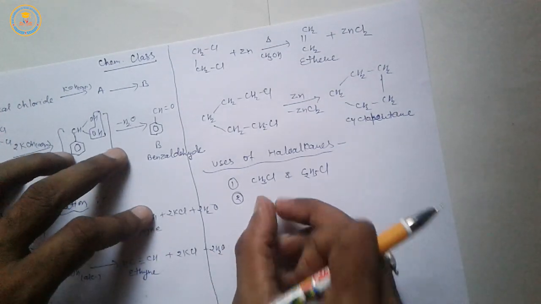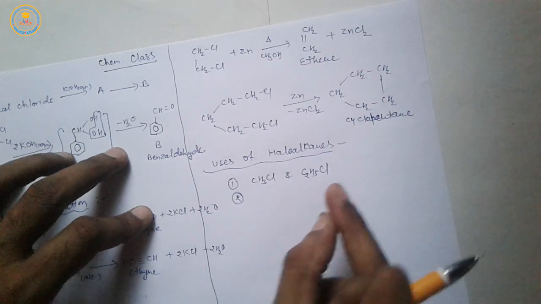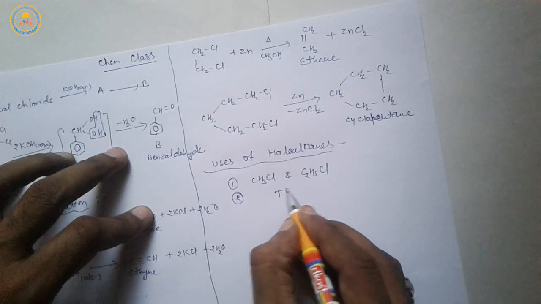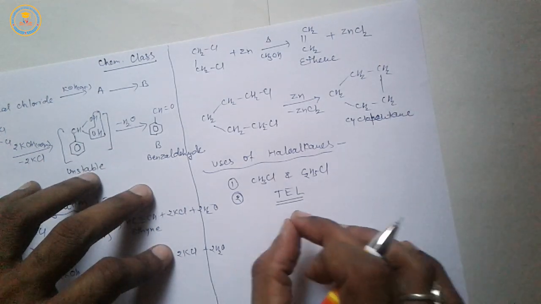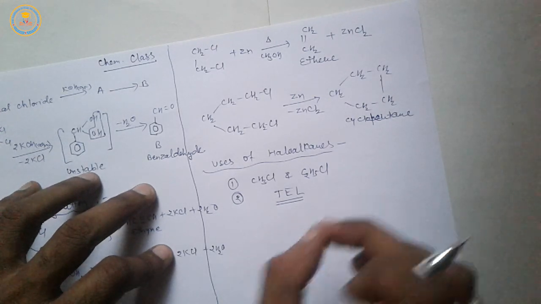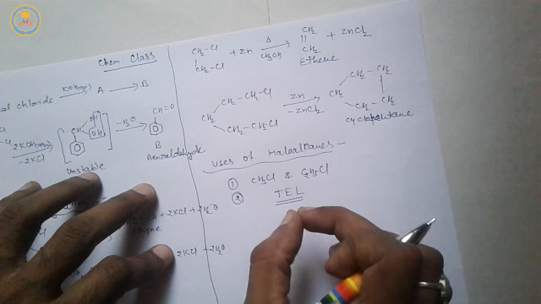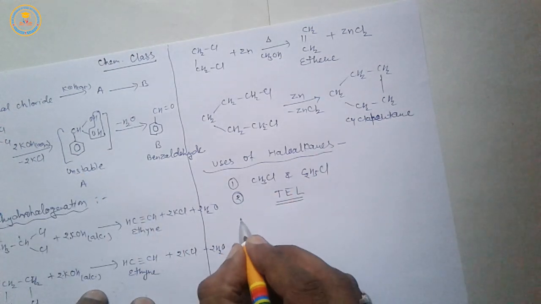Second use, ethyl chloride is used in preparation of TEL, tetraethyl lead, which is an anti-knocking agent. We have discussed TEL in our previous class.